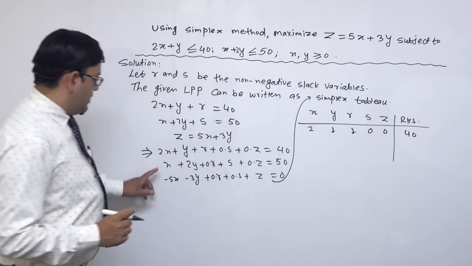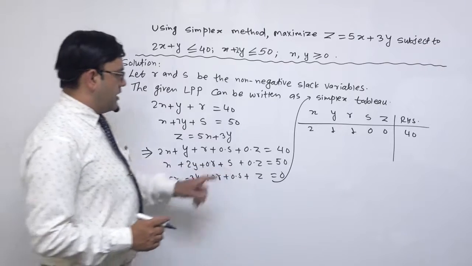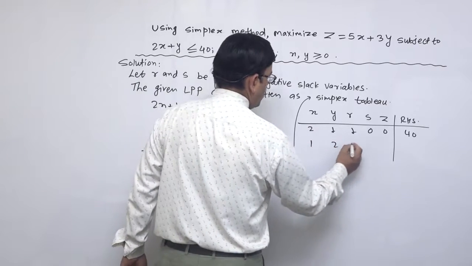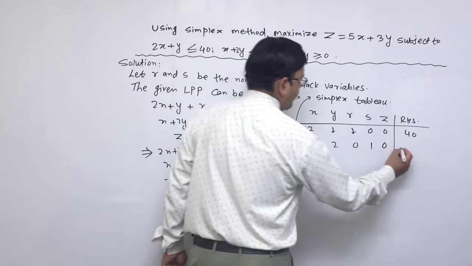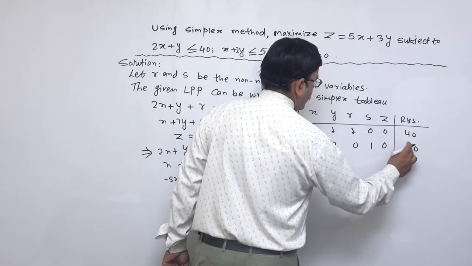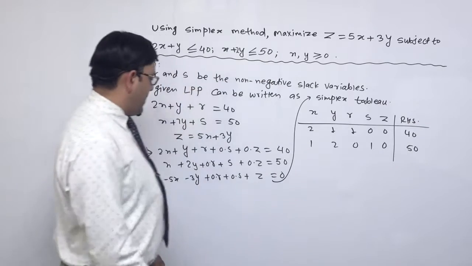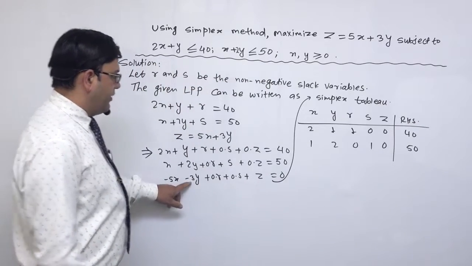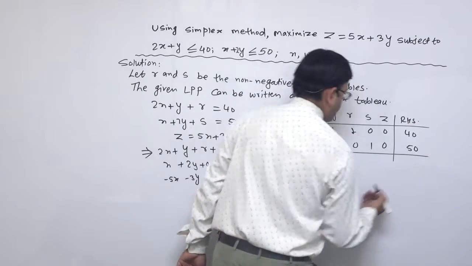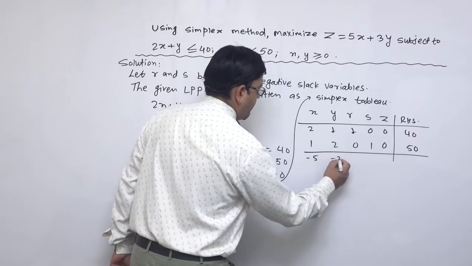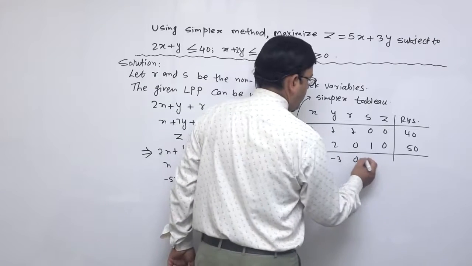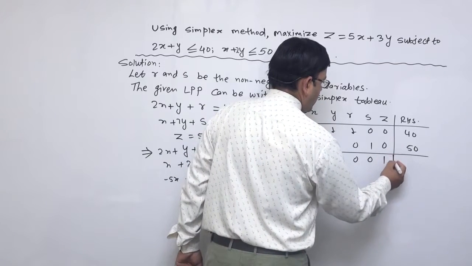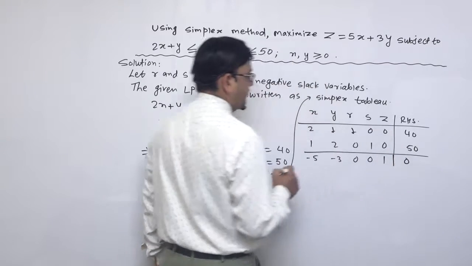Similarly, we have 1, 2, 0, 1, 0 equals 50. Again, we have minus 5, minus 3, and then 0, 0, and z is 1, equals 0.